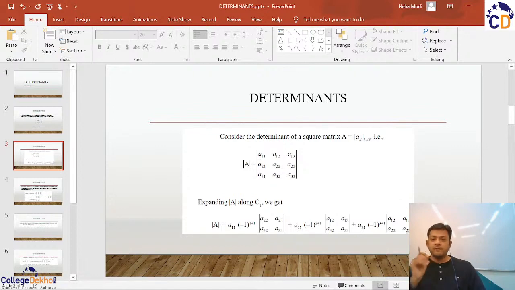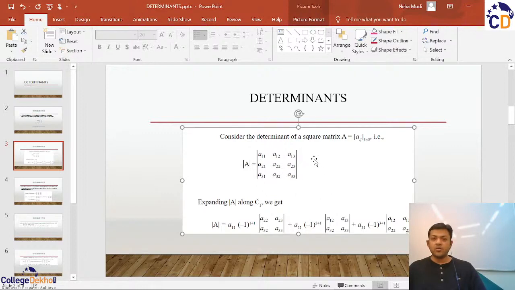When we expand the determinant by the first row or the first column, in this case the first column, the answer would be a11 times the cofactor of the first element.